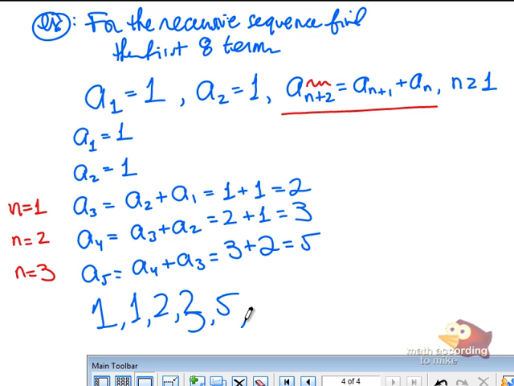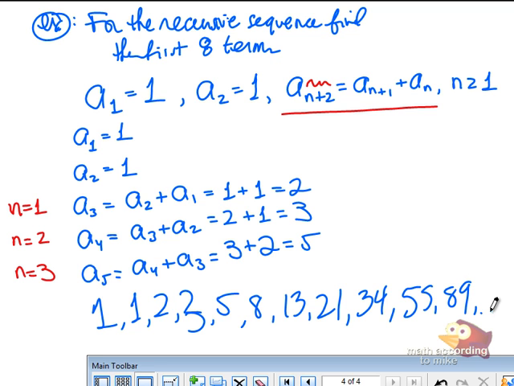What comes after 5? 8, then keep going. 13, 21, 34, people stop adding because it's double digit at that point. 55, 89, yada, yada, yada. What is this called, kids? The Fibonacci sequence. Woo!